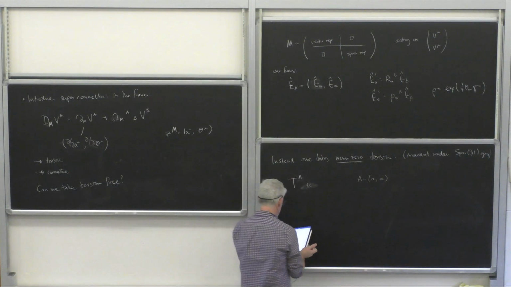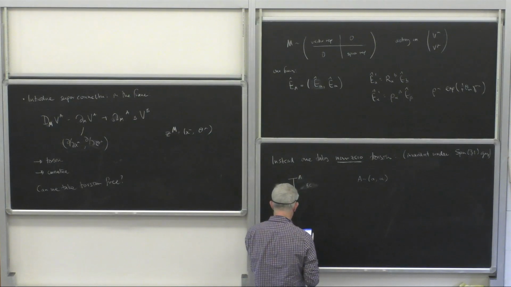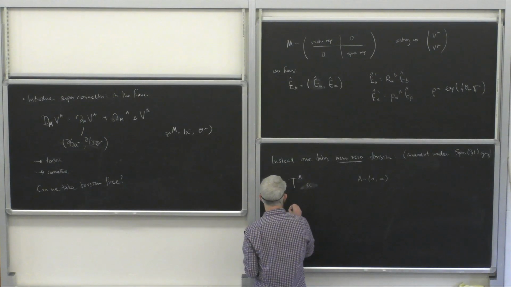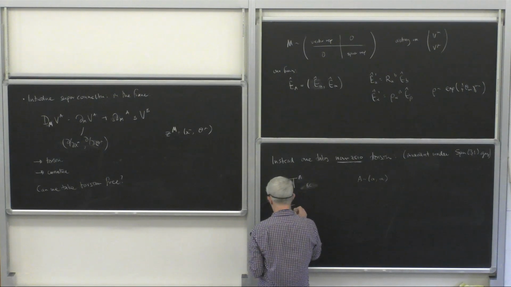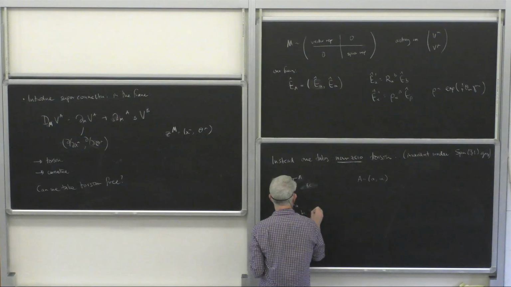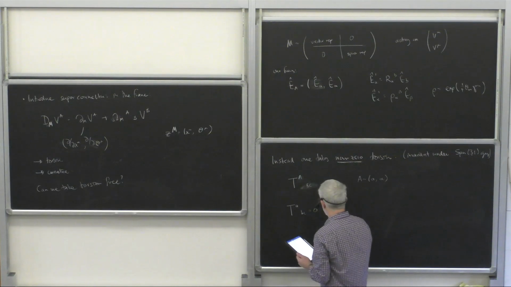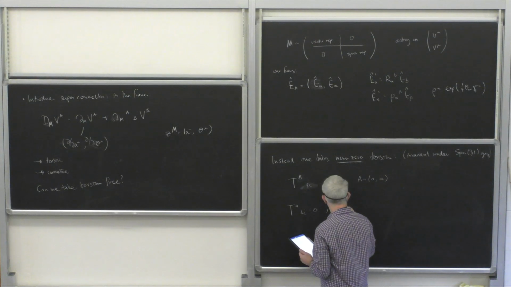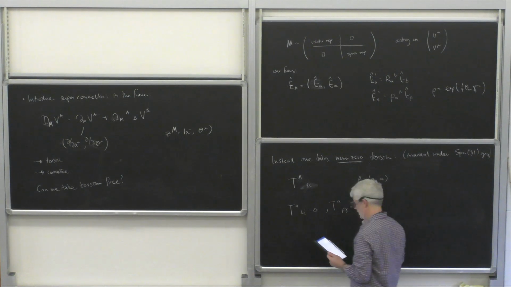So what do you take? You take that almost all of these things vanish. So you take that T ABC is 0. You take that T A beta gamma is 0.